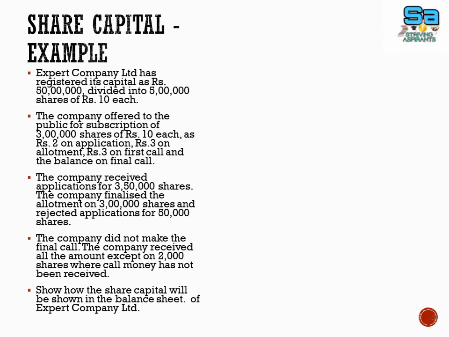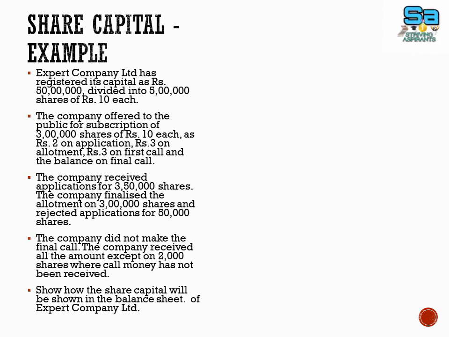Expert Company registered its capital at 50 lakh divided into 5 lakh shares of 10 each. The company offered to the public for subscription 3 lakh shares of 10 each, payable as 2 on application, 3 on allotment, 3 on first call and the balance on final call.